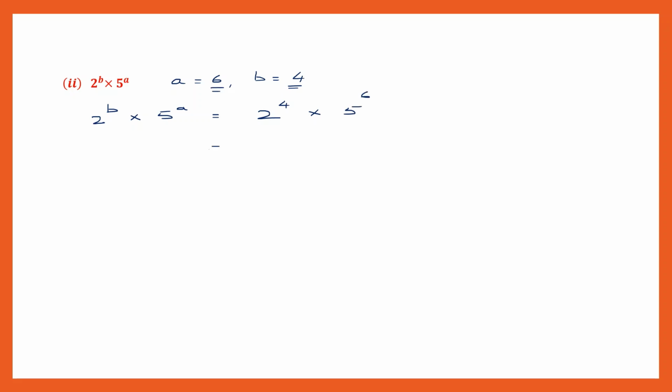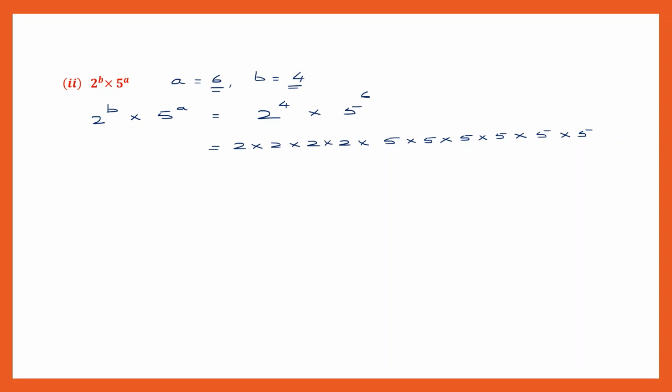So that means we need to multiply 2 4 times, 1, 2, 3 and 4, and multiply 5 6 times, 1, 2, 3, 4, 5 and 6.